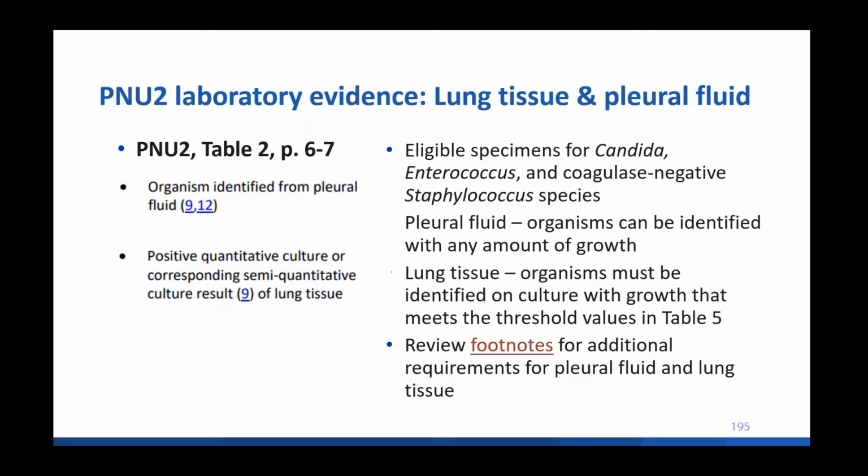Additionally, pleural fluid refers you to footnote number 12, which states that results from both culture and non-culture-based testing methods are eligible for use. And lung tissue refers you to Table 5 for the quantitative and semi-quantitative threshold value requirements for organism growth on culture. Additionally, both of these specimens have collection requirements that must be met for the specimen to be eligible for use. And these are specified in footnote number 9 for pleural fluid and Table 5 for lung tissue.